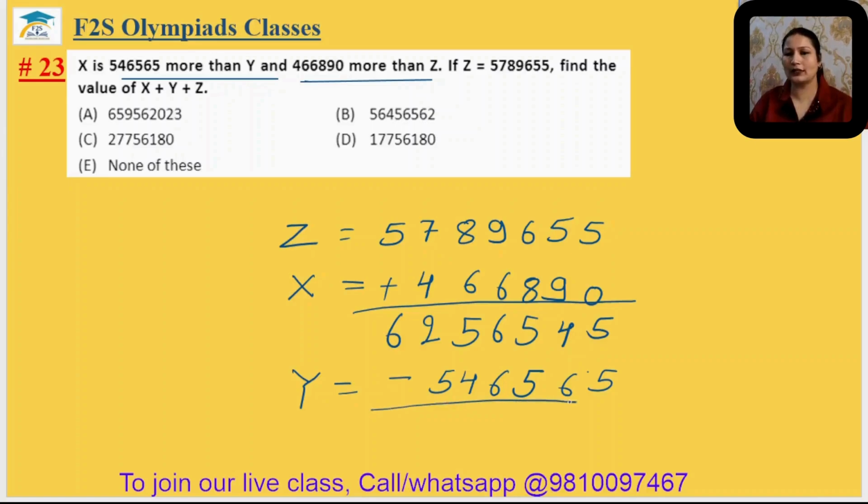There should be a subtraction. 0, 8, 9, 9, 0, 7, 5. This is your Y. Okay.